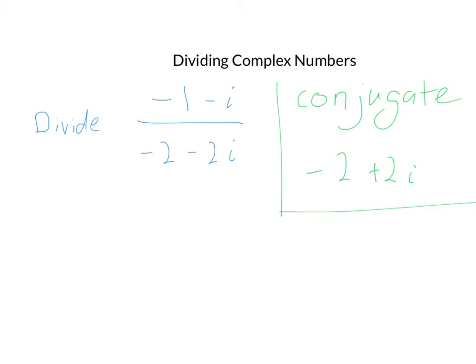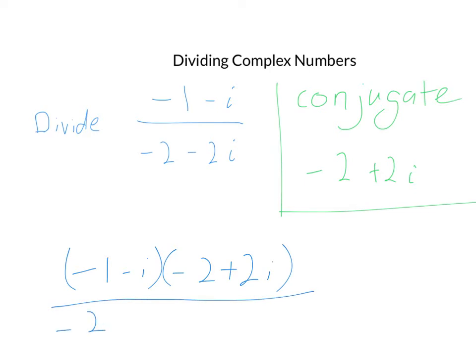Now the next step is to multiply the top and bottom of this fraction by the conjugate that we've just found. So we'll rewrite this, minus 1 minus i. I'm going to multiply the top by that conjugate, which is minus 2 plus 2i. And we're also going to multiply the bottom.